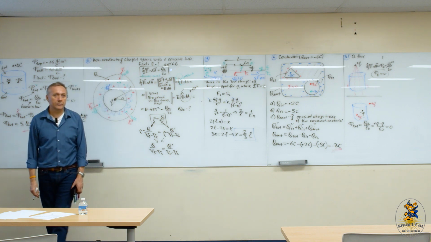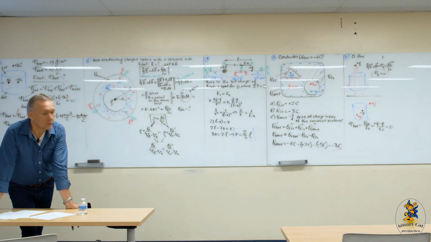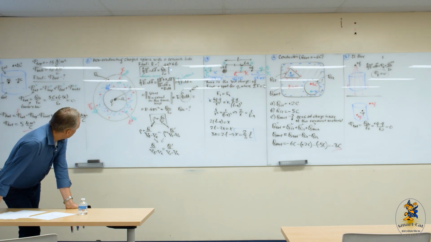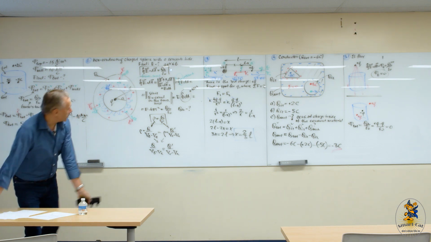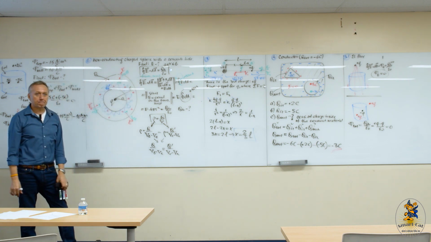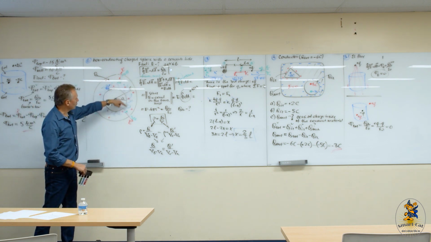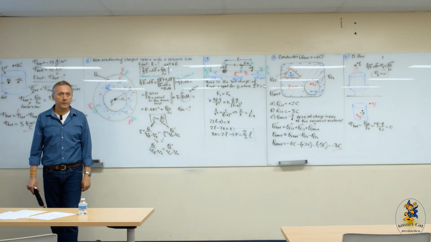Are we solving for charge density? No, we're not solving for charge density. We're solving for this amount of charge which is in this part of the object. You see, bluish. So that's our unknown, Q prime.